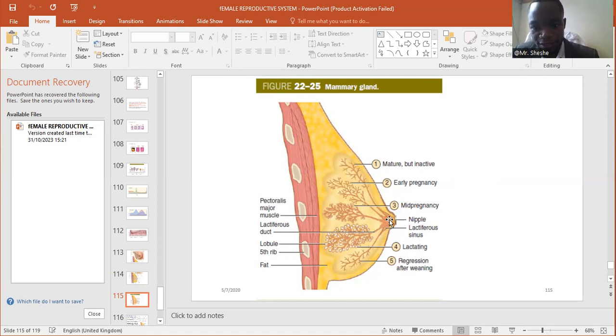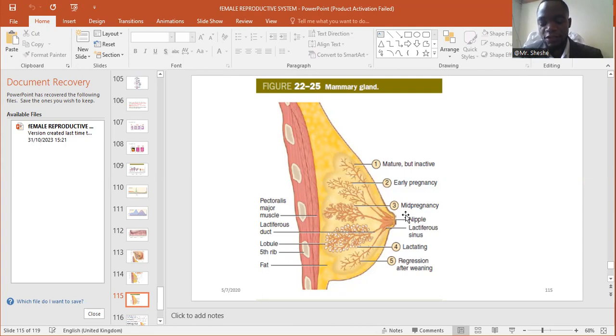So we call this the lactiferous sinus and ampulla. This is an ampulla where all these lactiferous ducts from different lobes will eventually meet. Then small openings connect the sinuses to the external environment of the nipple. And that's where the baby will get the milk from. So in summary, the functional part of the breast is glandular tissue.